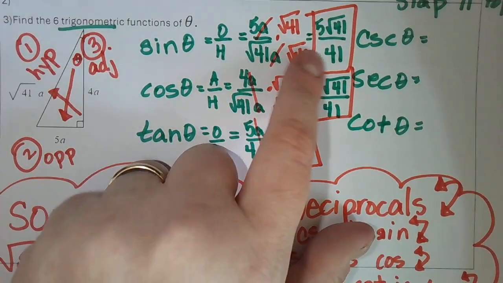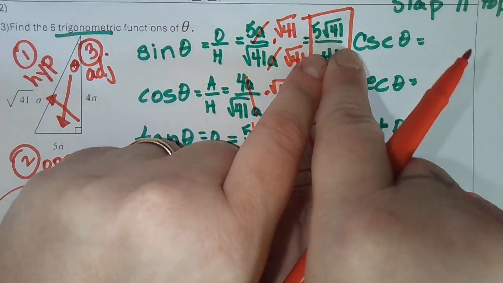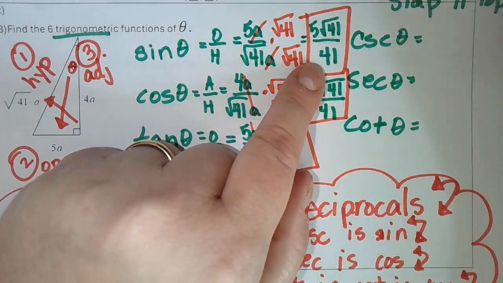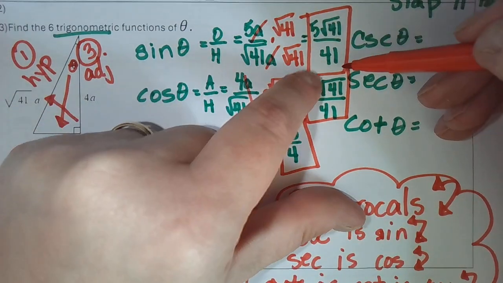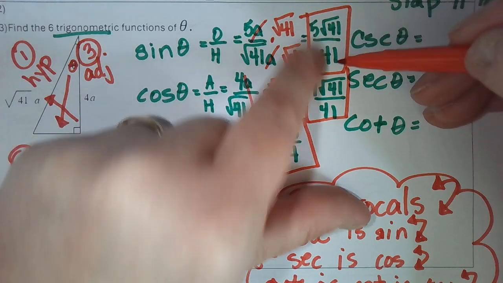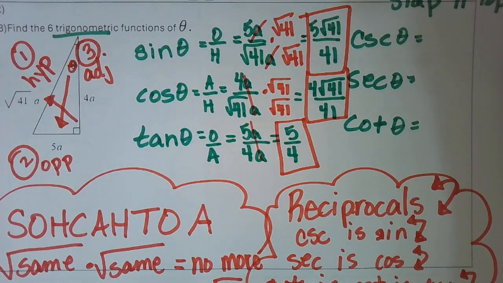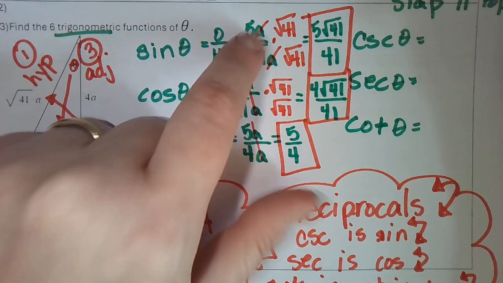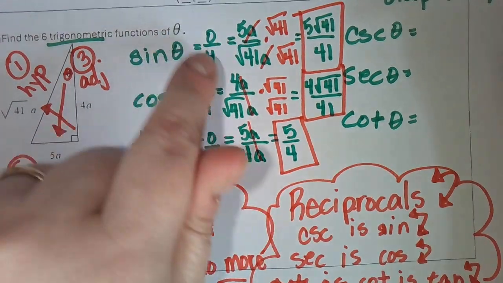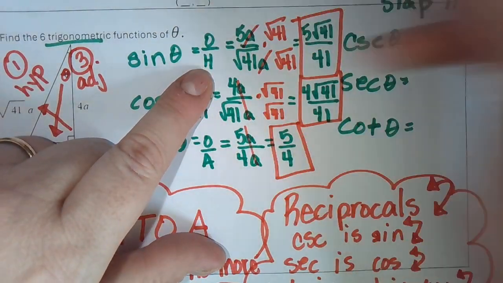So let's go to our sine. Here's your sine, 5 square root 41 over 41. Oh my goodness, I don't want to flip that upside down. Look how dirty it is. It has two 41s, and it's got a square root in it. So instead of flipping that, how about we flip the before, this guy? O over H, opposite over hypotenuse.